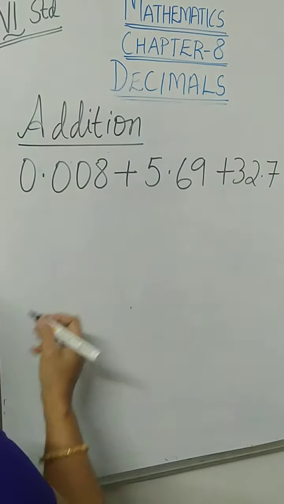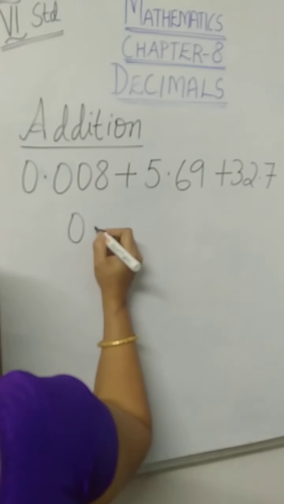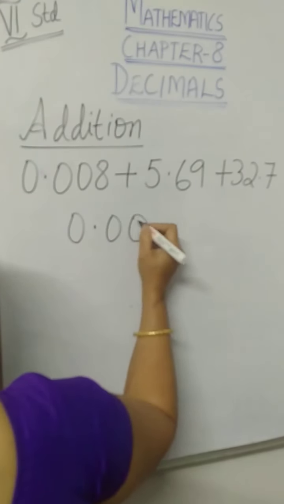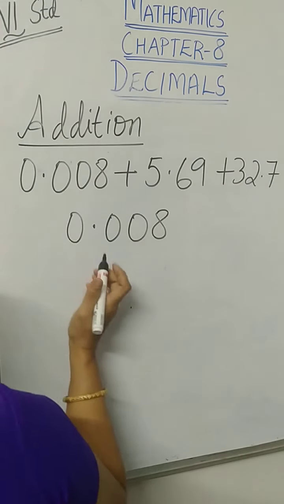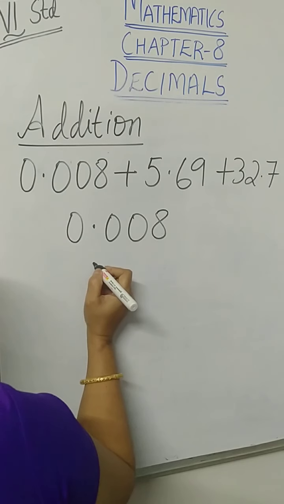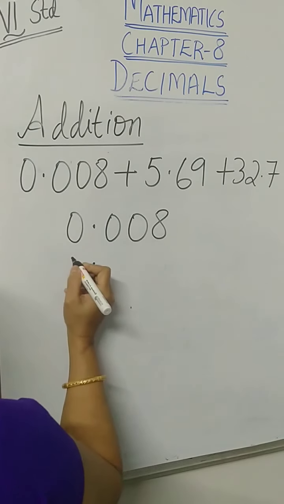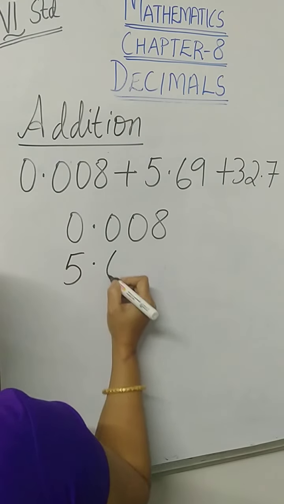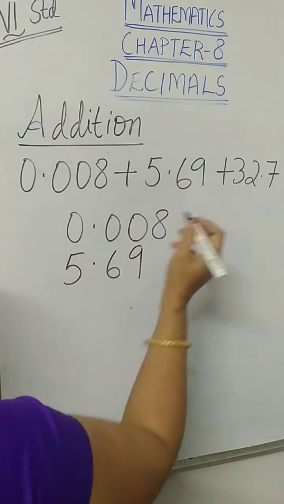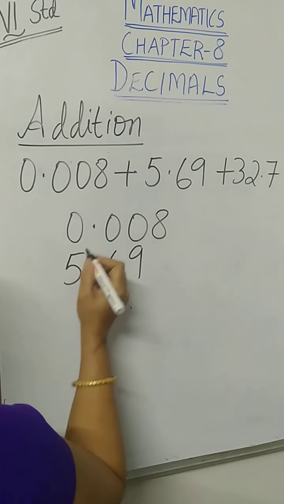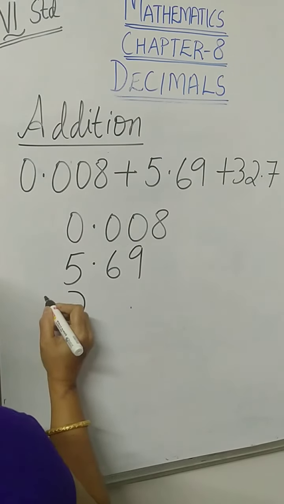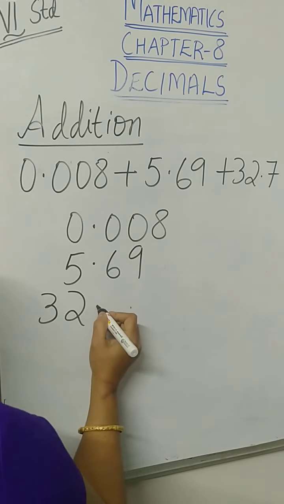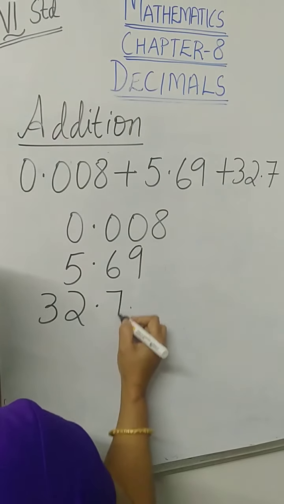Let us write one below the other. First number is 0.008. Yes, before adding, write the numbers in a proper way. Write the decimal here. 5 here. 6, 9. Then the next number is 32. So, you should write 2 here. 3 before this. Here the decimal and here it is 7.